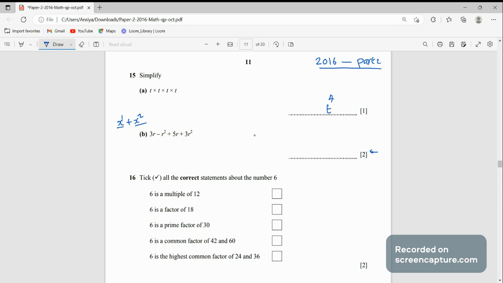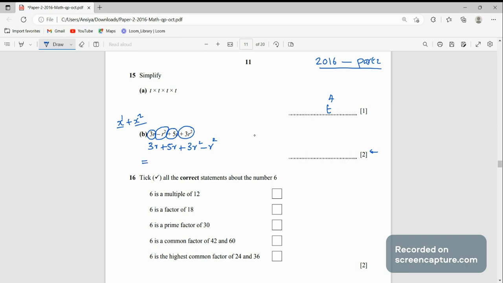So collect the like terms 3r and plus 5r. Write them together. Then write the rest of it. I'll choose positive first, plus 3r square minus r square. What we did, we simply rearranged for easy calculation.